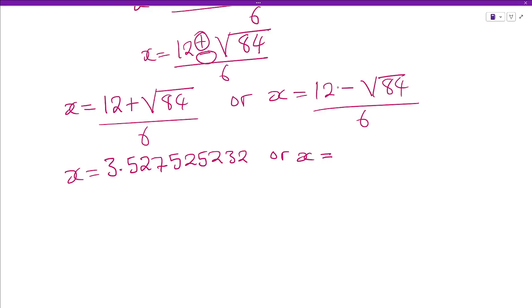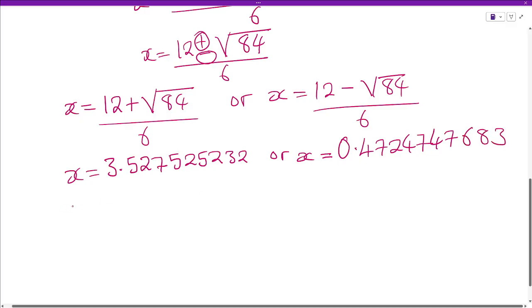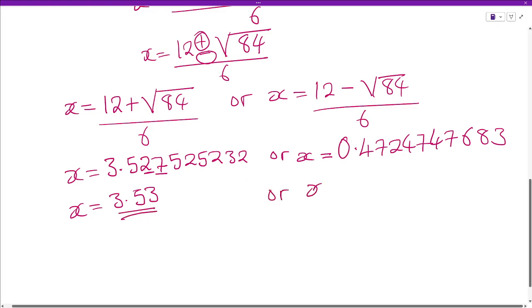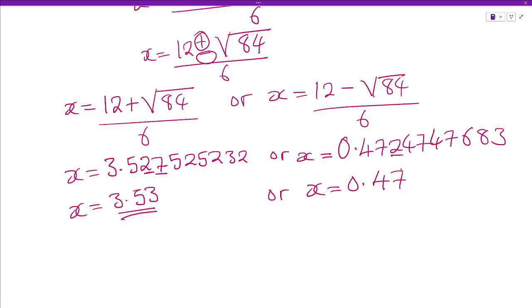Is that correct? Yes. 0.47247. So meaning x is equal to 3.53. This 7 will round up the 2 by 1, and then x is equal to 0.47. This 2 is less than 5, so it can't round up the 7, and we are done.